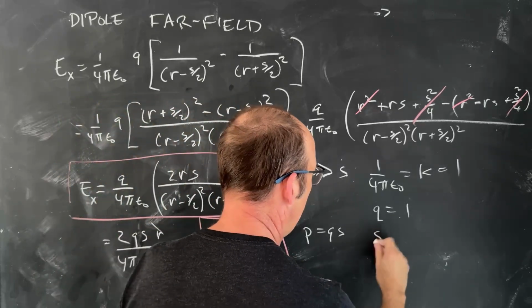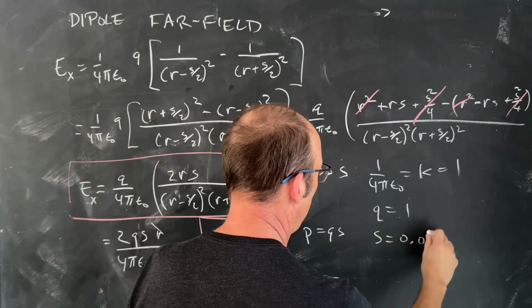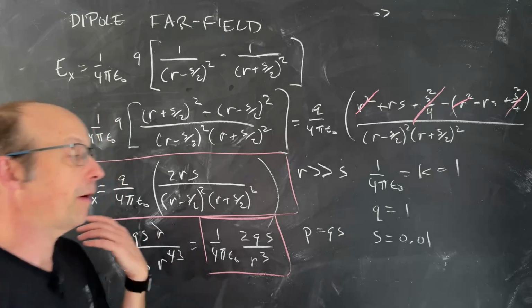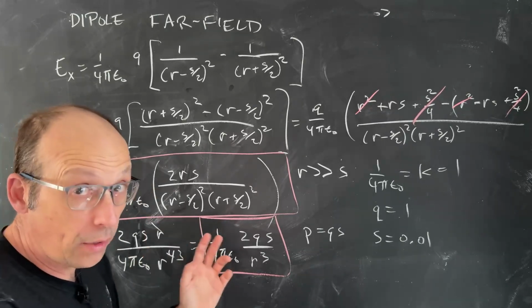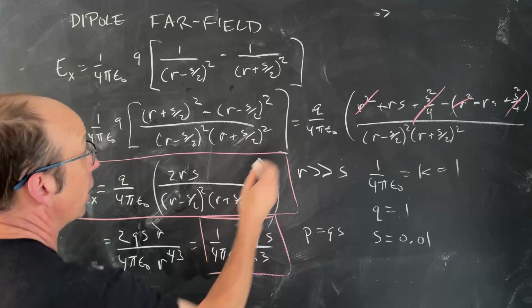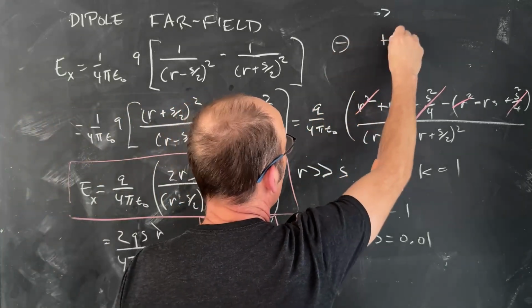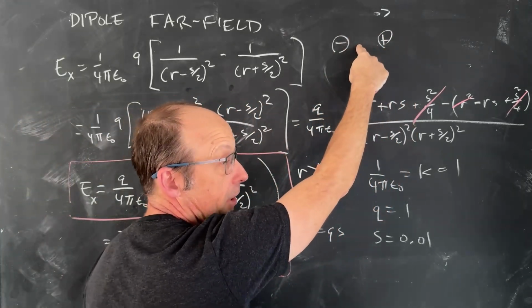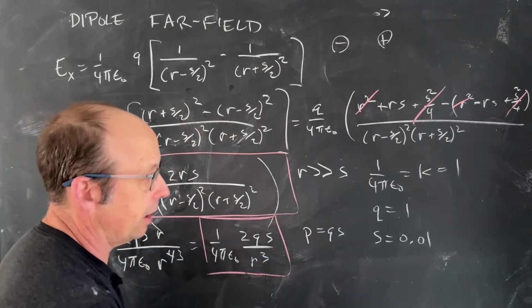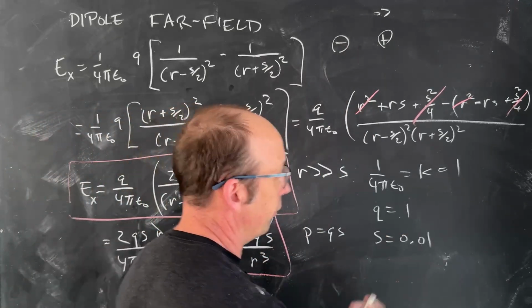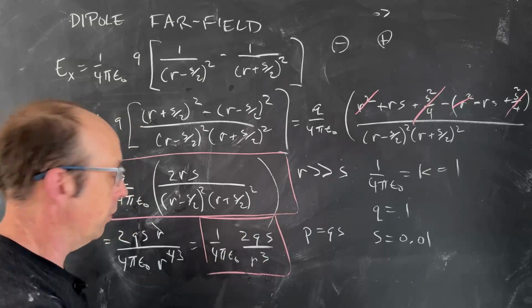I am going to pick s as 0.01, and then I can increase my values of x from 0.02. I don't want to go inside the dipole, because then I'll have r equal to 0, and this is going to blow up. So I'm going to start outside of it. I'll start at 0.03 or something, up to whatever value you want.